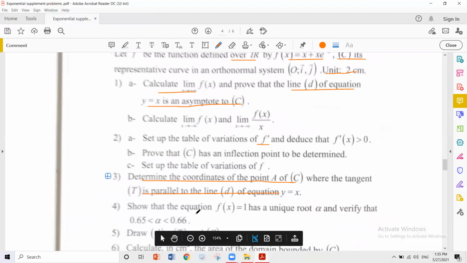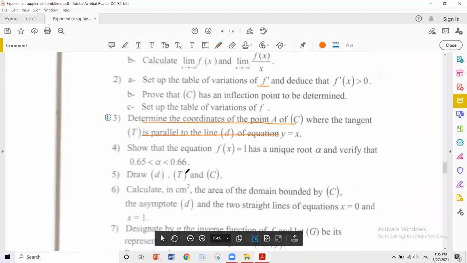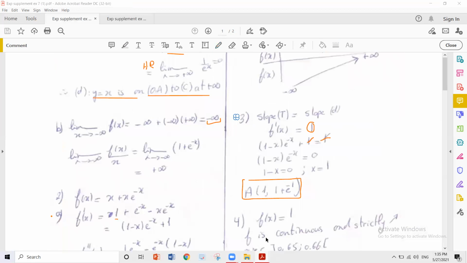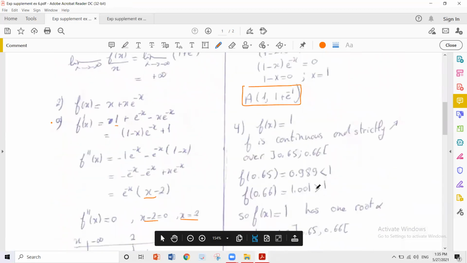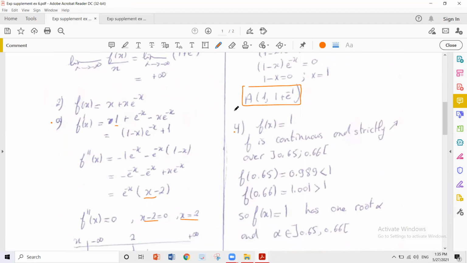To show the equation f(x) = 1 has one root alpha between 0.65 and 0.66: f is continuous and strictly increasing over [0.65, 0.66]. f(0.65) is 0.989, less than 1. f(0.66) equals 1.001, which is greater than 1.